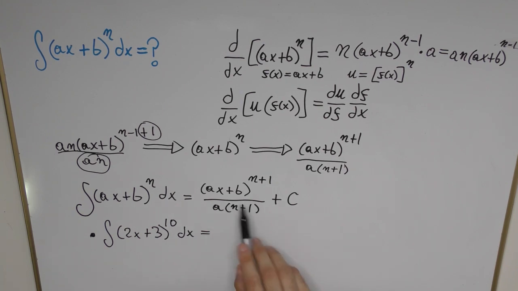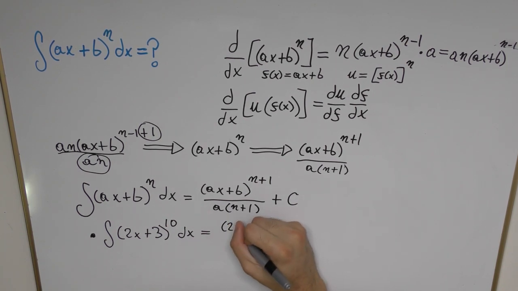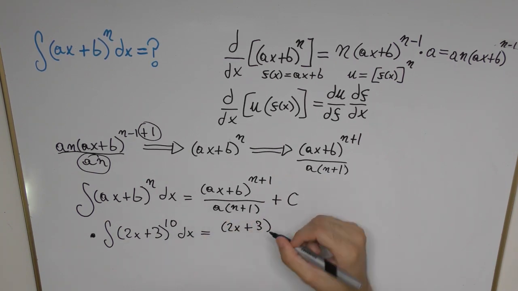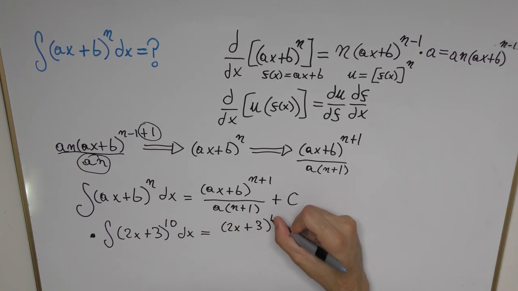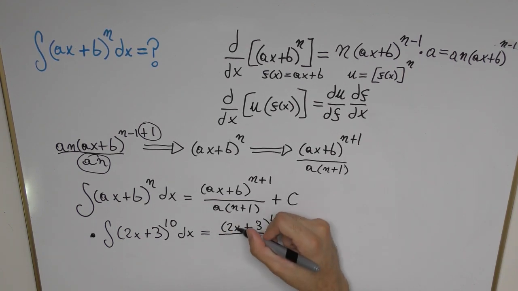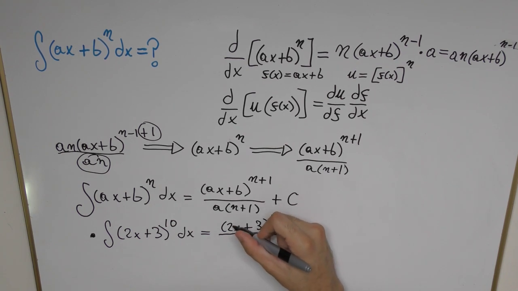But instead, we're going to just use this formula because we know this is in the general form of a binomial to some power. So here we're going to have 2x plus 3. Now we're going to increase that power by 1. That's going to become 11. And we're going to divide it by not only the new power, which is 11, but we're also going to multiply that by the constant, which is in front of x.